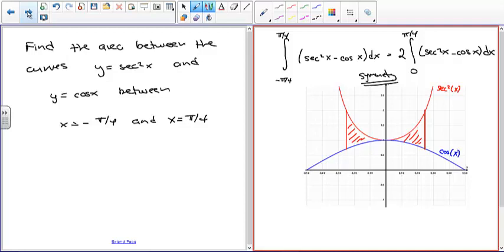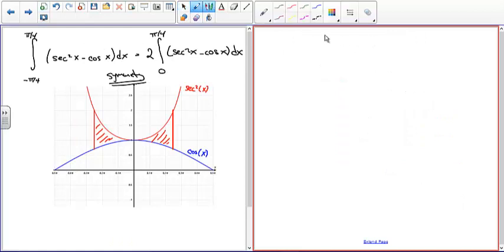So I'm going to take advantage of symmetry here. There are two things we gained out of plotting it: one was to know which one we subtract from which, and the other was that we can use symmetry. So we'll go ahead and do the problem. How do we know what the integral of secant squared is? We go to the book and say, hey, there's an integral in there. Turns out that's the tangent.